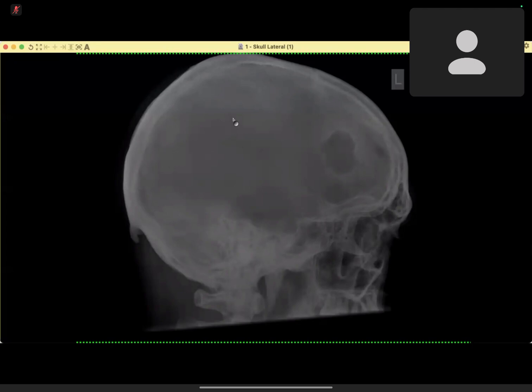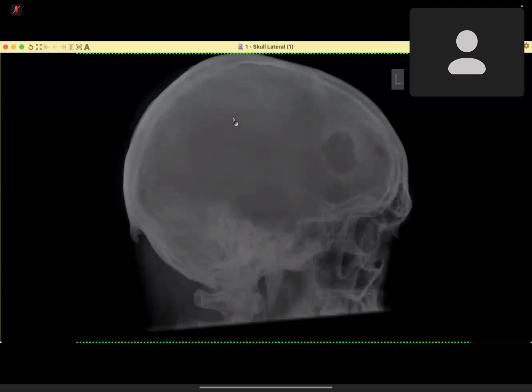The first thing I noticed is that there is a lytic lesion seen in the area of the frontal bone, in the left frontal bone. I cannot see any other similar lesions. I can see that the skull bone thickness is within normal limits.